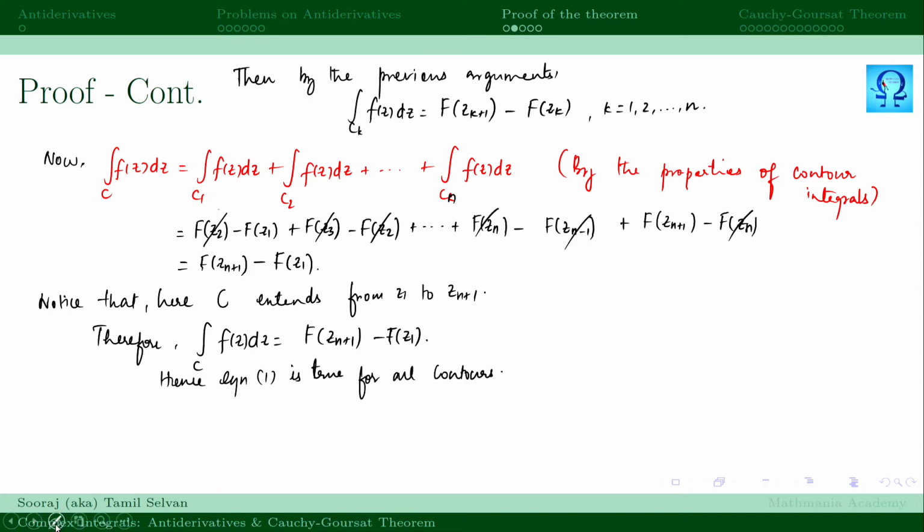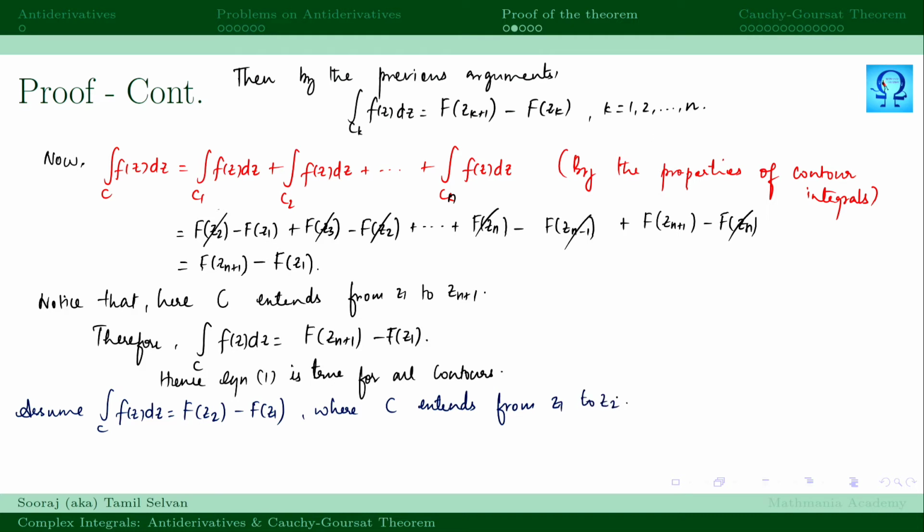Now we shall assume the integral over C of f(z) dz is F of z_2 minus F of z_1, where C extends from z_1 to z_2. So we have this, right?